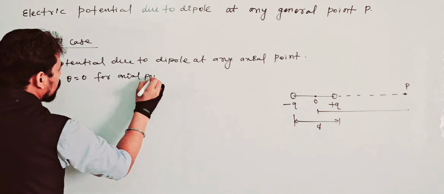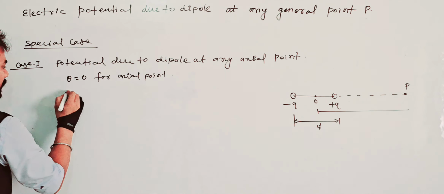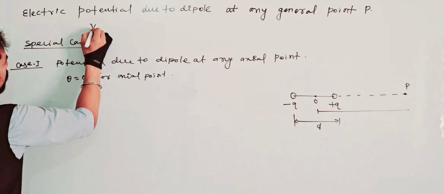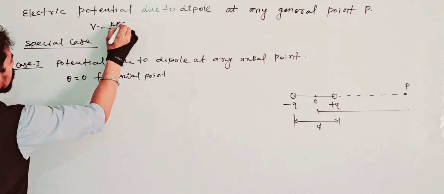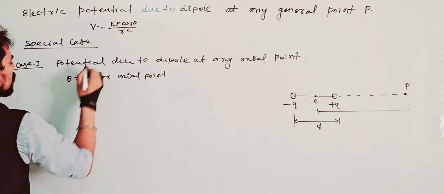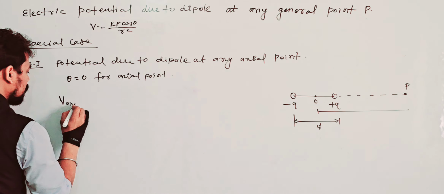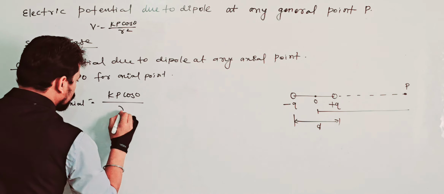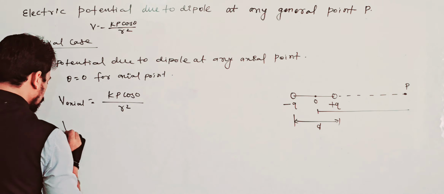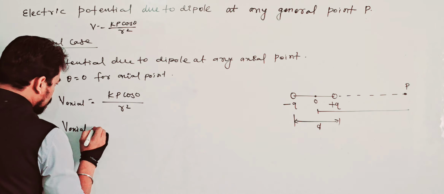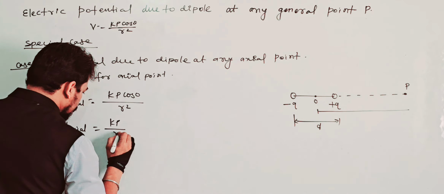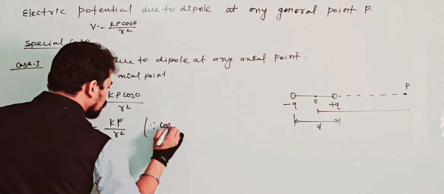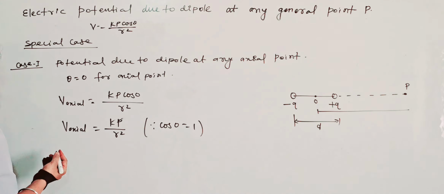If you take theta equals 0 at an axial point, then V equals Kp cos theta by r square. Then V axial is Kp cos 0 by r square. Cos 0 is 1, so V axial is Kp by r square, because cos 0 equals 1.